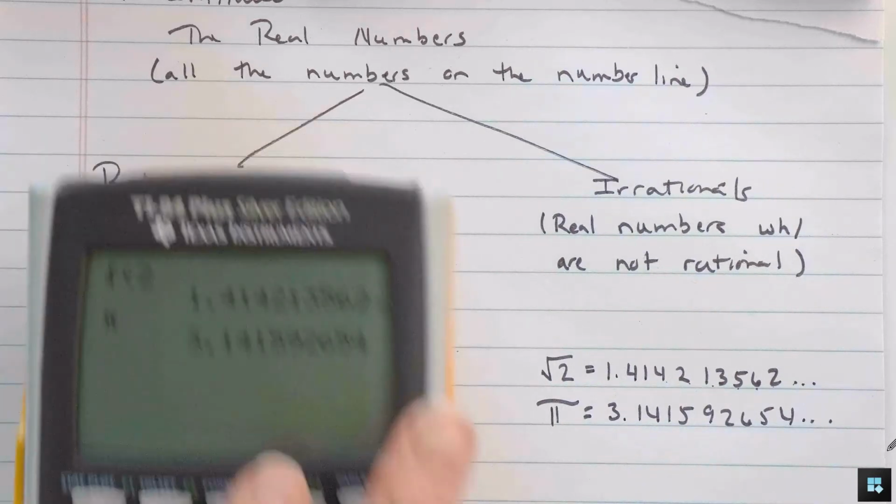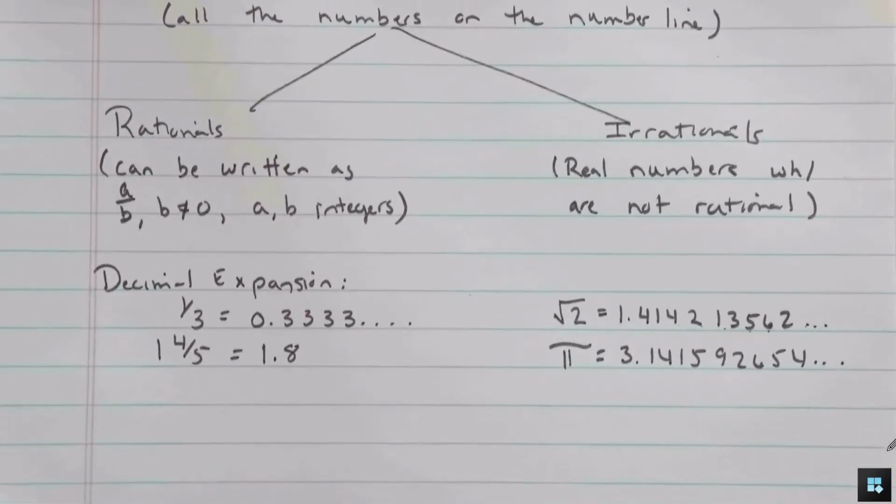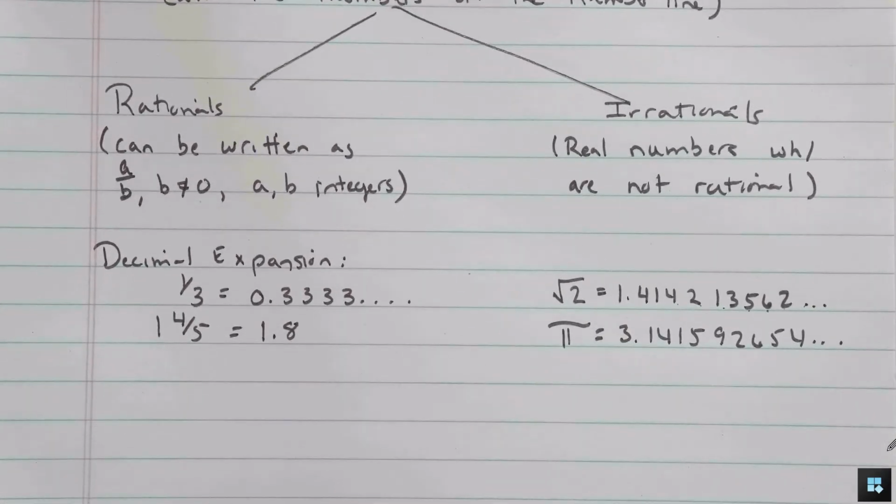If its decimal expansion ended, then I could put it over a power of 10 like we did in the homework for Wiley here. So looking at these examples, can you see the difference between the decimal expansion for rational numbers versus irrational numbers? What can we say about the decimal expansion of rational numbers?